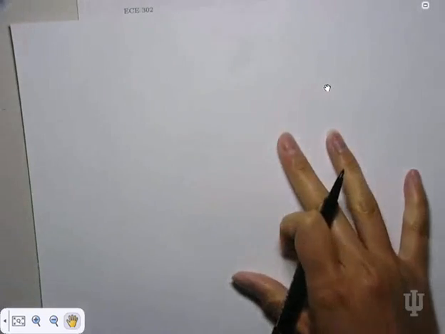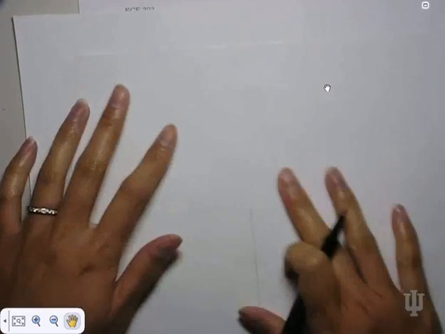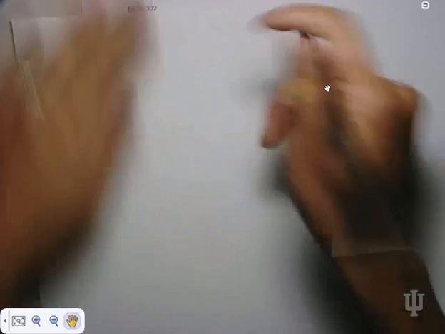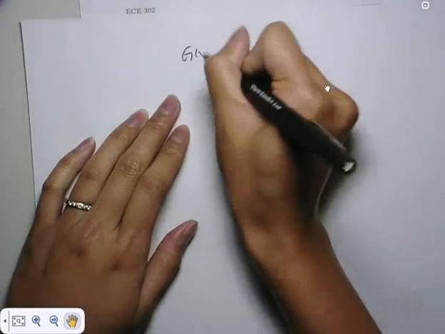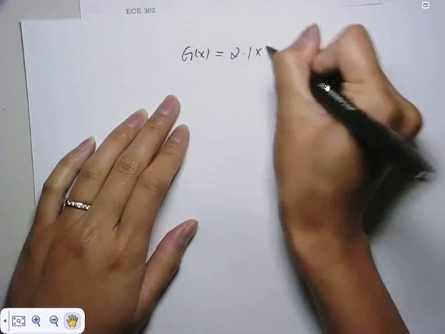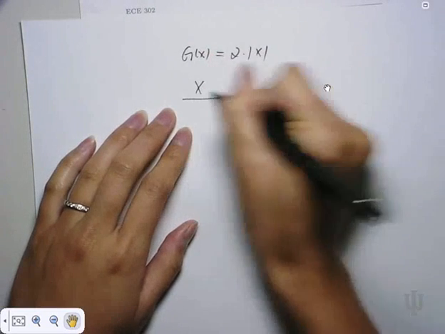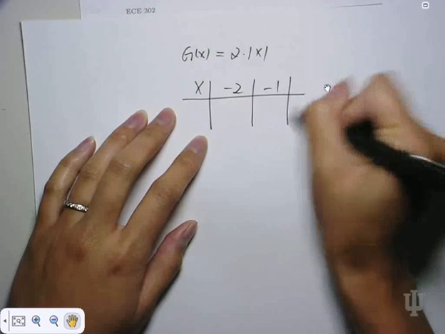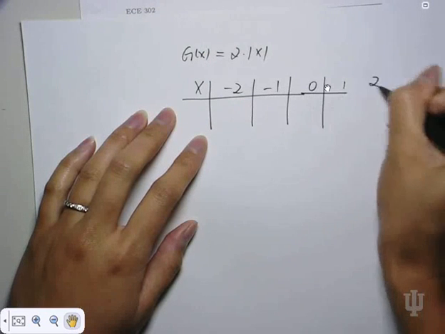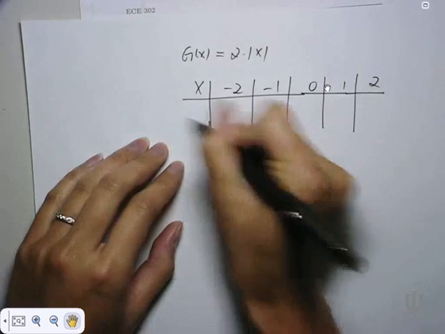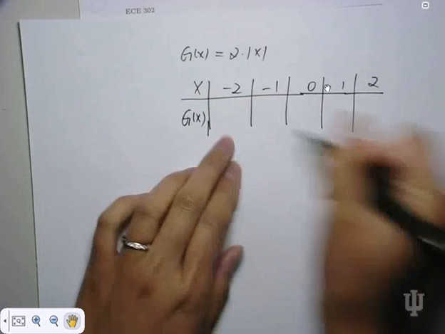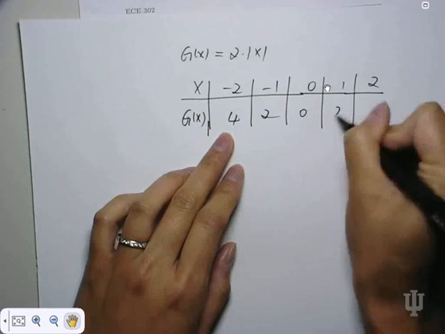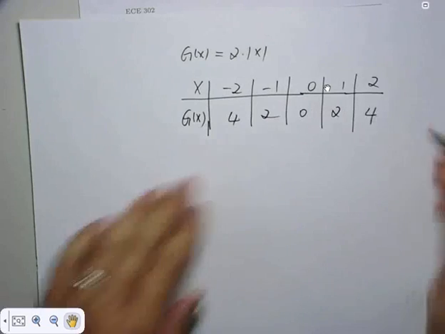How about we make it like this? 2 times absolute value of x. So if my x can take on -2, -1, 0, 1, 2, then y is 4, 2, 0, 2, 4.